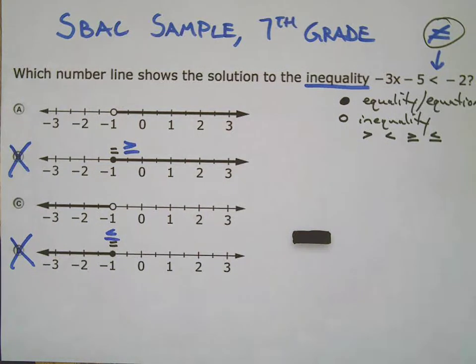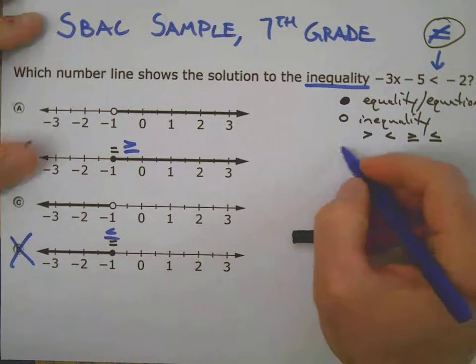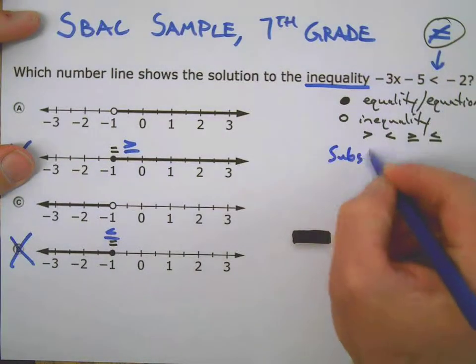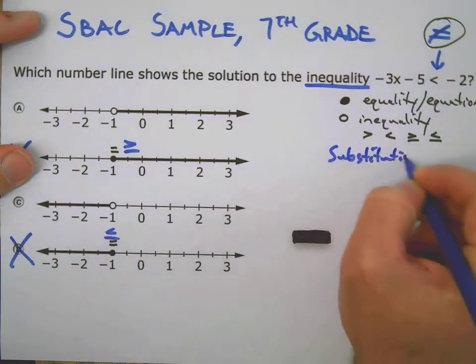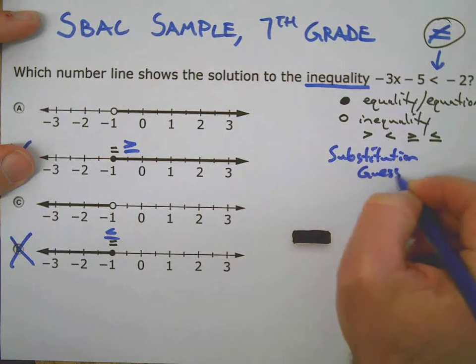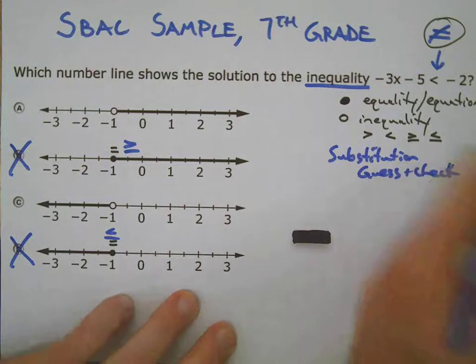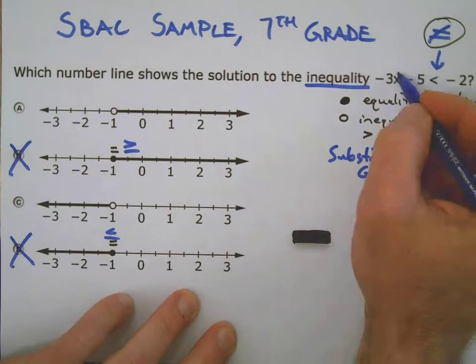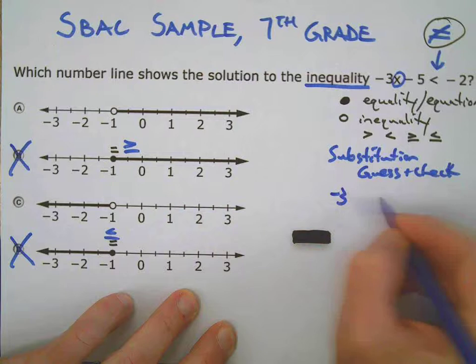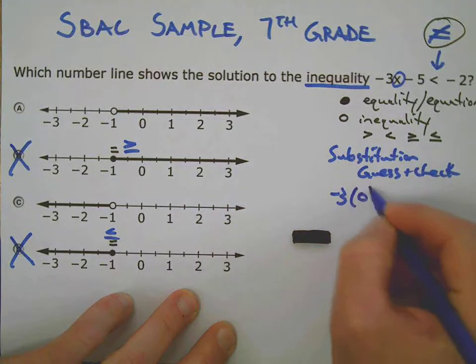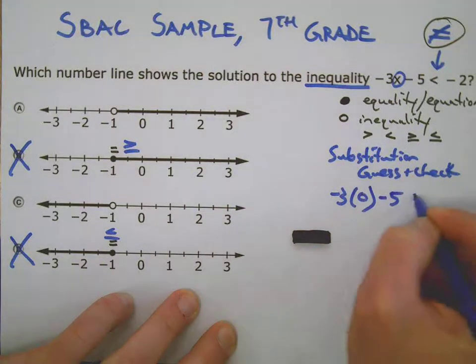Now, a very simple strategy you can use here is substitution. You might think of this as a guess and check strategy, okay? Which means simply I'm going to substitute a number for x. And I always like to use 0. Why? Because it's so easy.